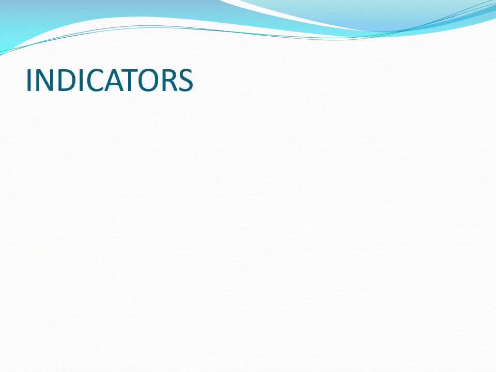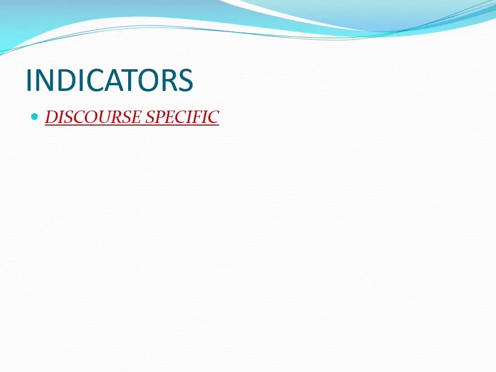Before going to write sample letters, we must know as students the indicators or features of this major discourse. And we have obviously discourse specific indicators and language specific indicators. What are the discourse specific indicators? Let us see. Appropriate format and layout. Yes, whether you are writing formal or informal letters, they must follow some layouts.